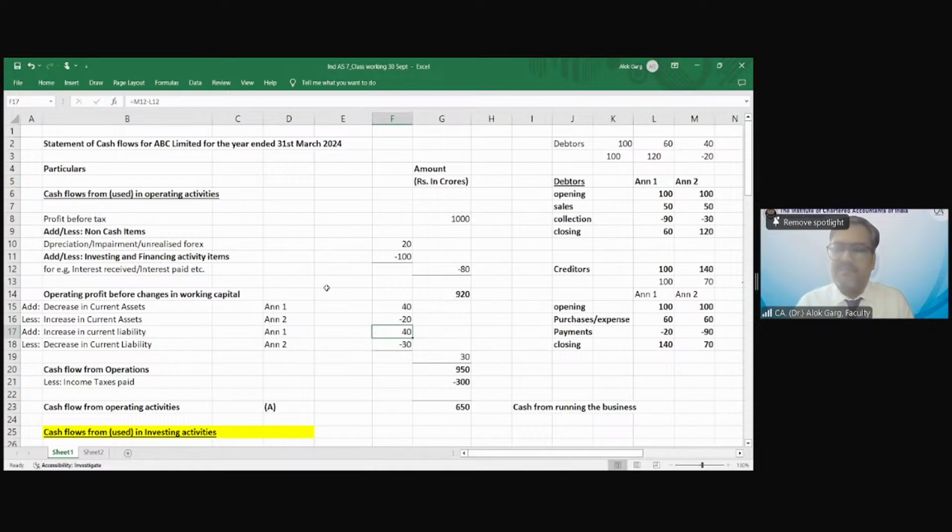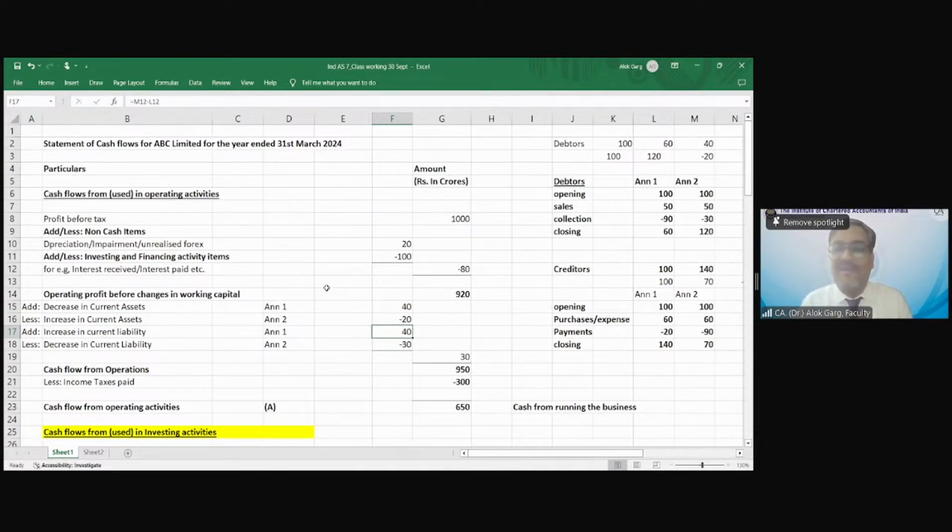also, right? So purchases or services. So in your statement of profit and loss, this purchases or expenses, that is already adjusted in your profit and loss. Your profit before tax has already been reduced. But since your creditors have increased, you haven't paid your money to the creditors, right?